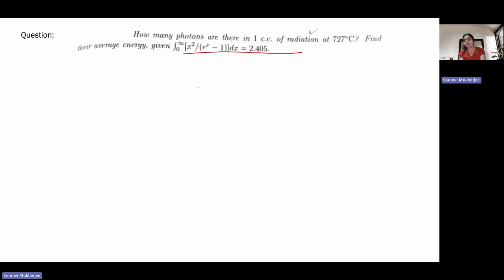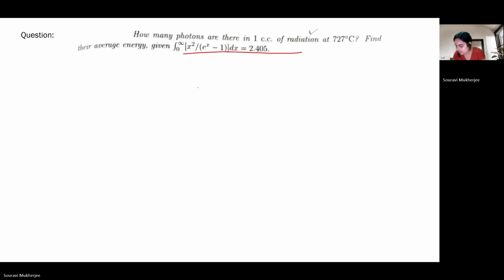Again we make use of the fact that photons have Bose-Einstein distribution. Based on that we define how photons are distributed across different frequencies, and from there find the total number of photons and then the average energy.